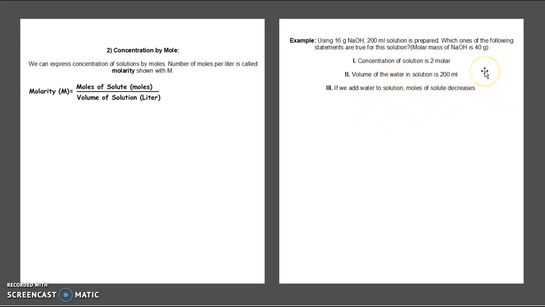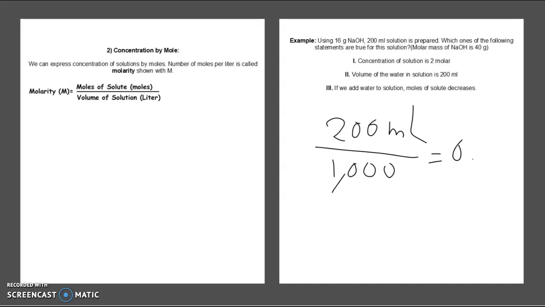Well, in this case, you have to convert the milliliters of solution into liters. 200 milliliters divided by 1,000 is 0.200 liter. That's the volume of the solution that you have to use.